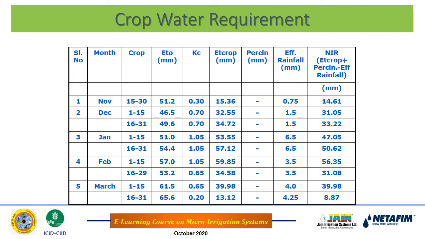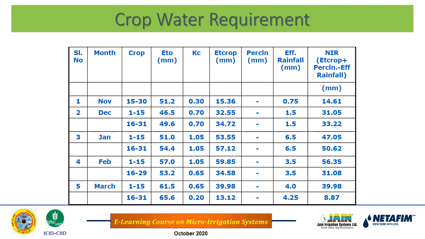So these effective rainfalls will be deducted from the crop water requirement to work out the net irrigation requirement during these fortnights for wheat in depth of water.